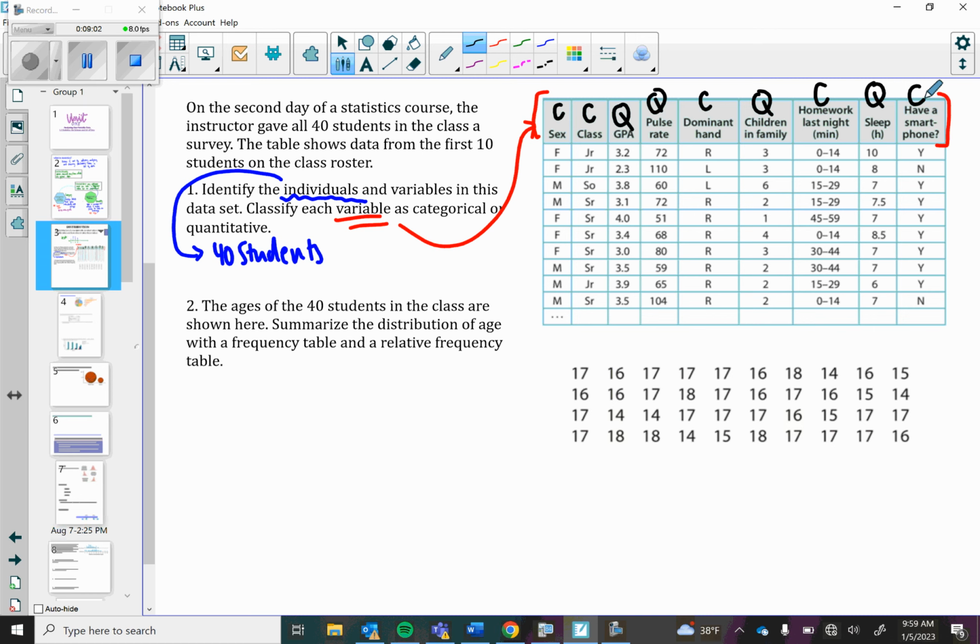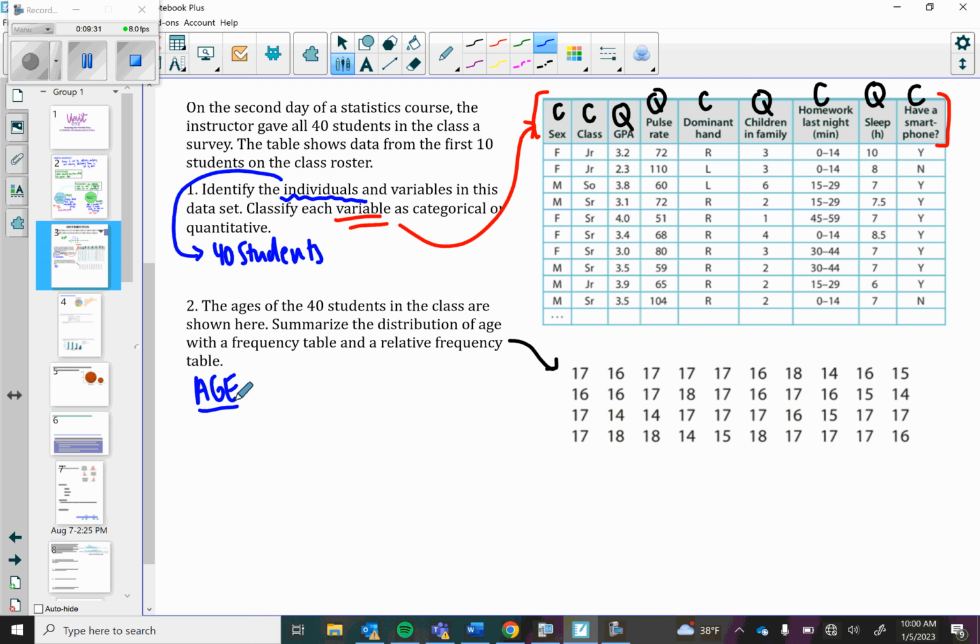Number 2 says the ages of the 40 students in this class are shown here. So we're given the ages. Summarize the distribution, what values ages take and how often it takes them, with a frequency table and a relative frequency table. Now, I haven't described to you frequency table or relative frequency table yet, but I have a feeling you will be very much okay with this activity, because what we're really looking for here is just to group these.